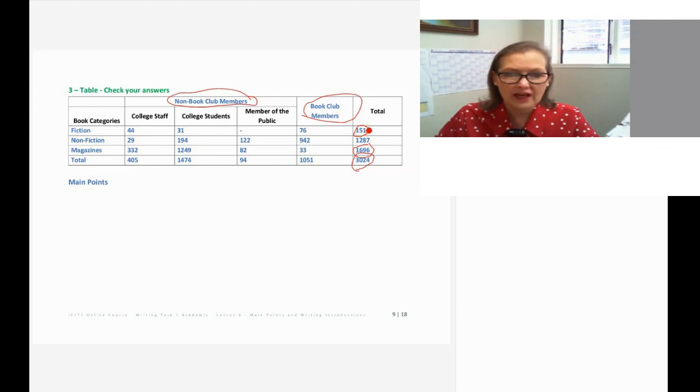Then we could run our eye along the bottom here, and remembering that we've got a little bit of a division here between our book club members and our non-book club members, we could start comparing those figures.